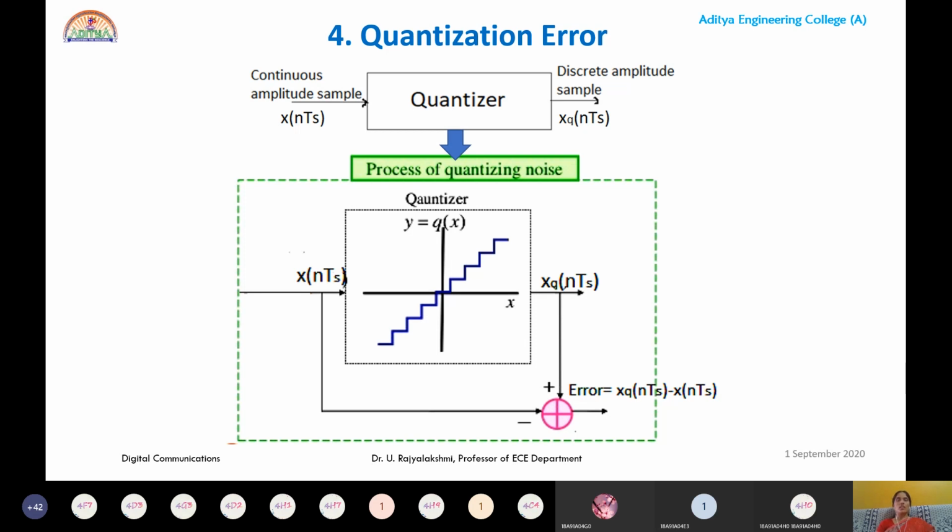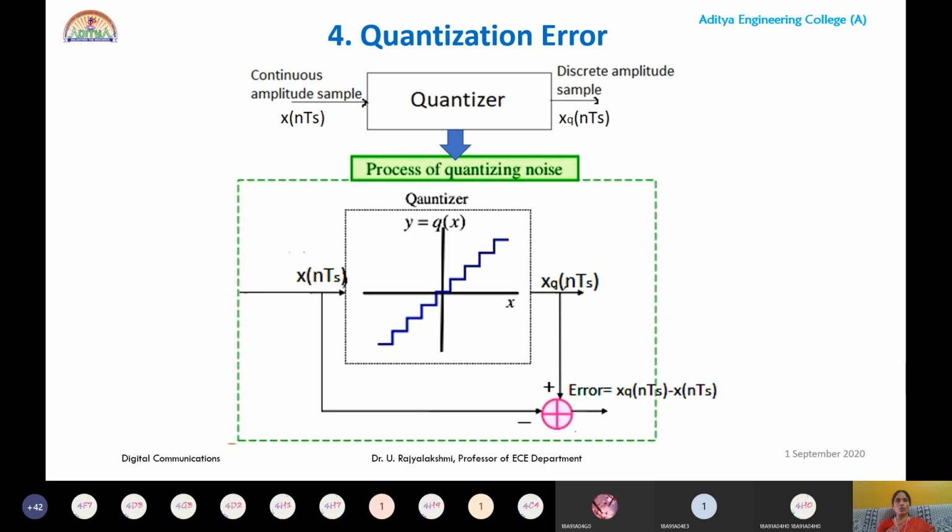How is the response? The quantizer response is in the form of a staircase waveform. What does this Q represent? Q represents the process of quantization. In this process, if you observe the graph, x versus y, please observe the transfer function characteristics.